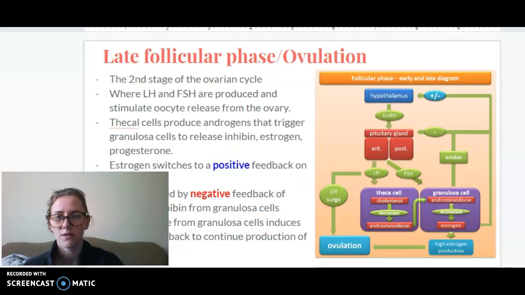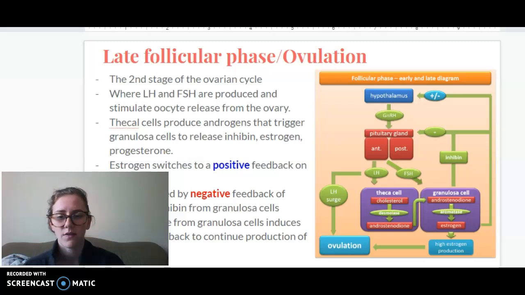As we move on to the late follicular phase and begin with ovulation, this is the second stage of the ovarian cycle where we see a peak in hormones. This is where fertilization will take place, but since we are talking about non-gravid female reproduction, that will not occur.